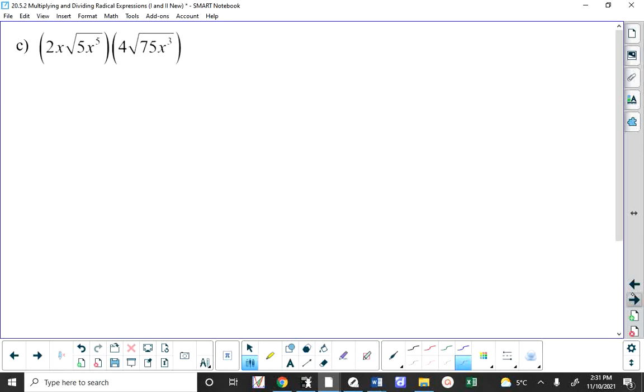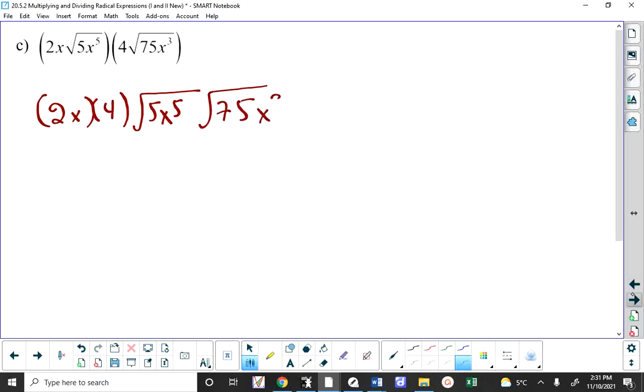Let's take a look at the next one. Holy smokes. 2x root 5x to the 5 times 4 root 75x cubed. Well, I'm going to take the 2x and multiply by the 4, and I'm going to take the root 5x to the 5 and multiply by root 75x cubed.